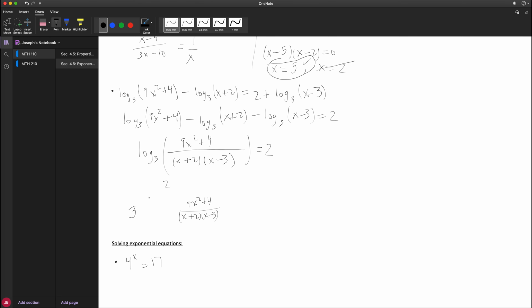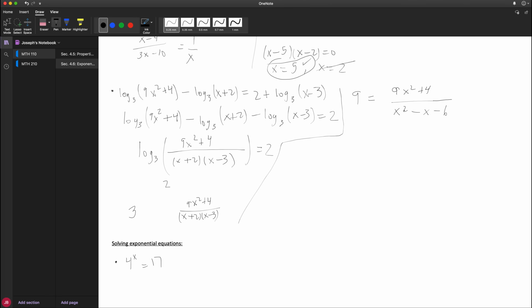So this tells me that 3 squared, which equals 9, equals this fraction here. So 9 equals (9x squared plus 4) over, and now I'm going to expand this out, x squared minus x minus 6.